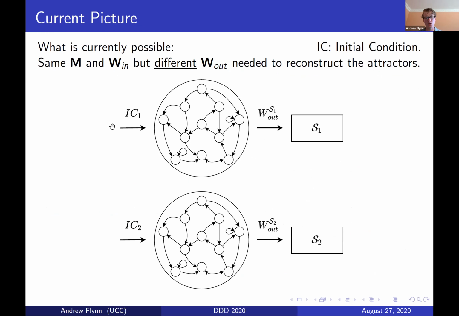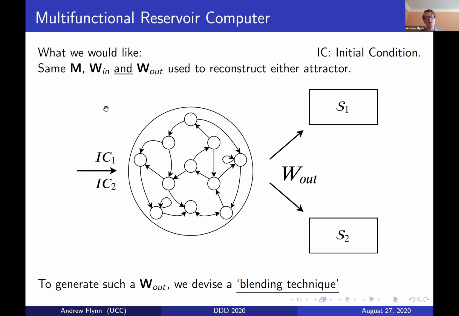If I seed in the initial condition, and I've done the training appropriately, I will reconstruct the correct attractor. What we would like, however, is to have the same W in and W out used to reconstruct either attractor. If I seed in an initial condition corresponding to attractor S1, the same W out matrix can be used to reconstruct S1, and if I change the initial condition, the same W out matrix can get me S2.